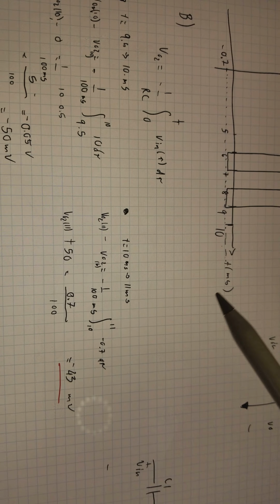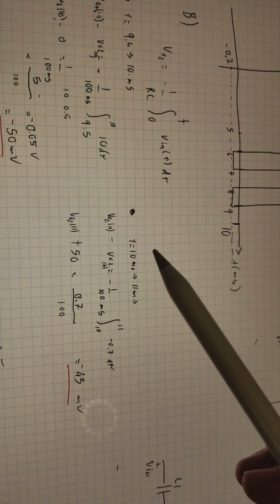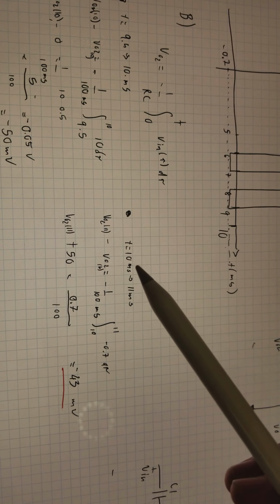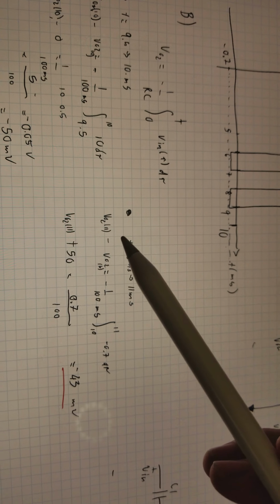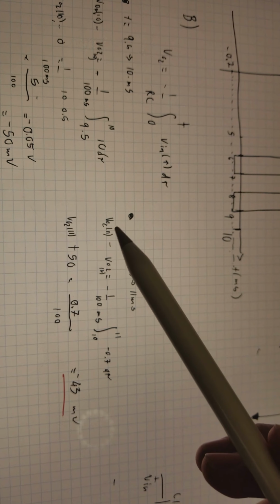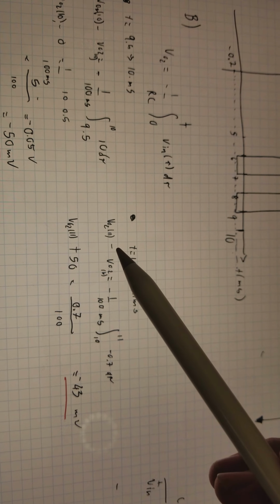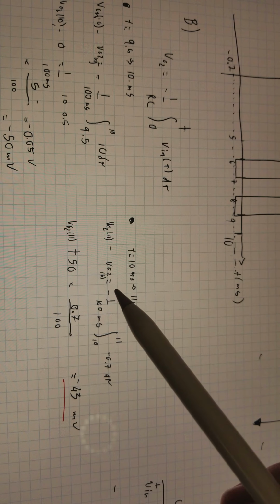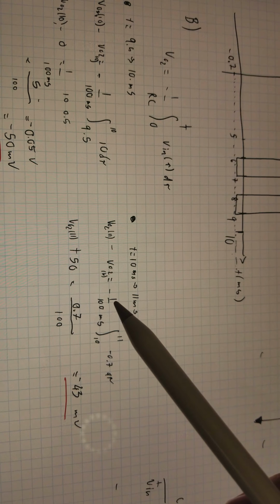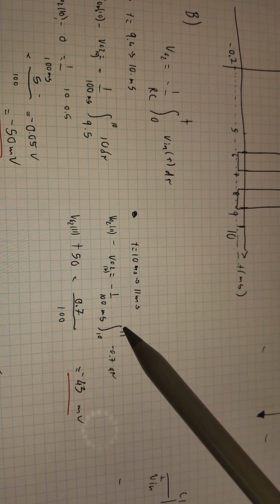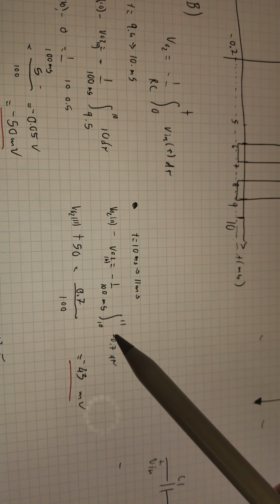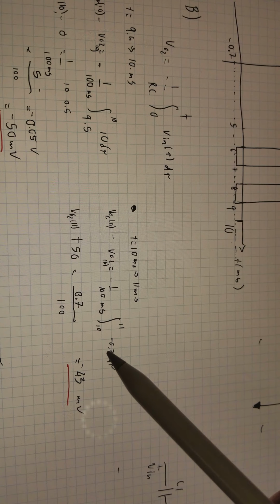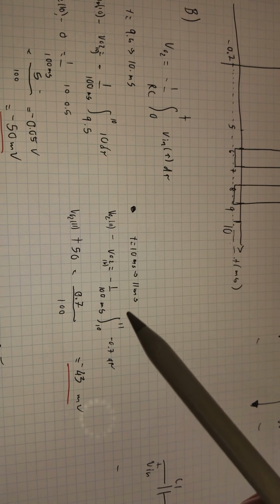For the next calculation, T goes from 10 milliseconds to 11 milliseconds. Using the same formula, V output at 11 minus V output at 10 is equal to minus 1 over 100 milliseconds, integral from 10 to 11, and the V input at that moment is minus 0.7, d tau.